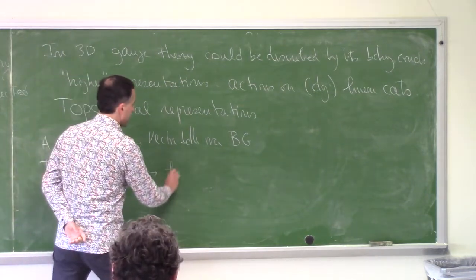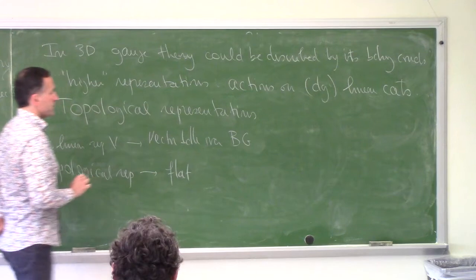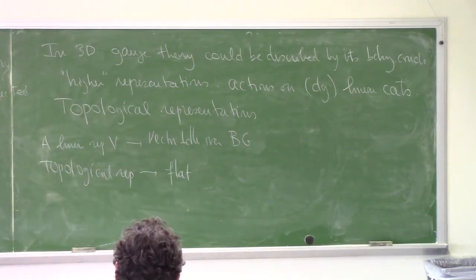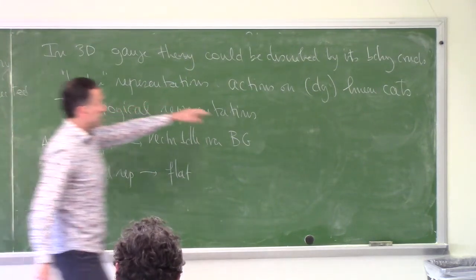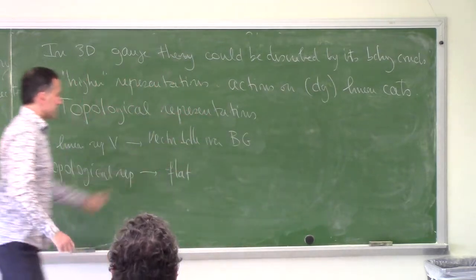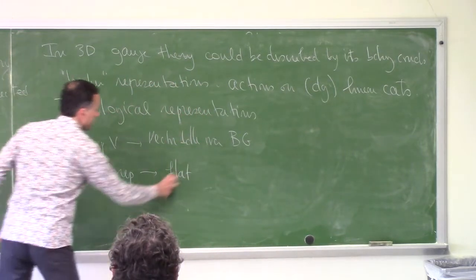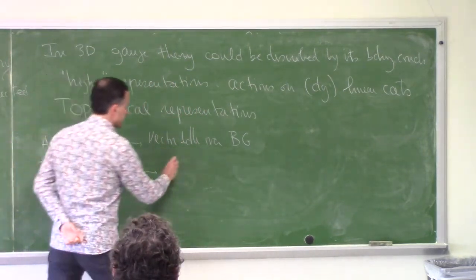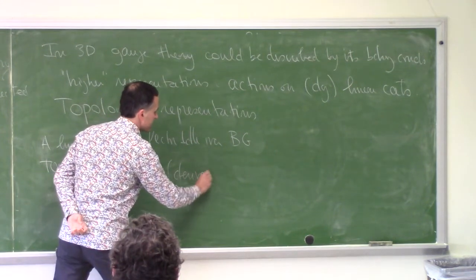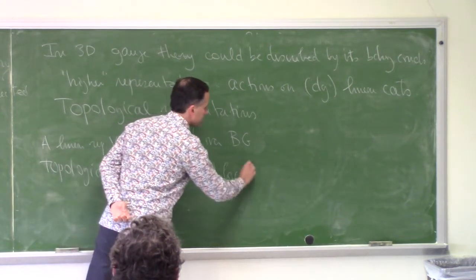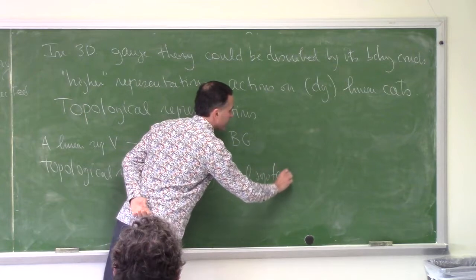You talk about flat vector bundles over BG. If you did that, you wouldn't have too much, but if you allow passing to the derived world, you get something more interesting. Let's say derived local systems over BG.